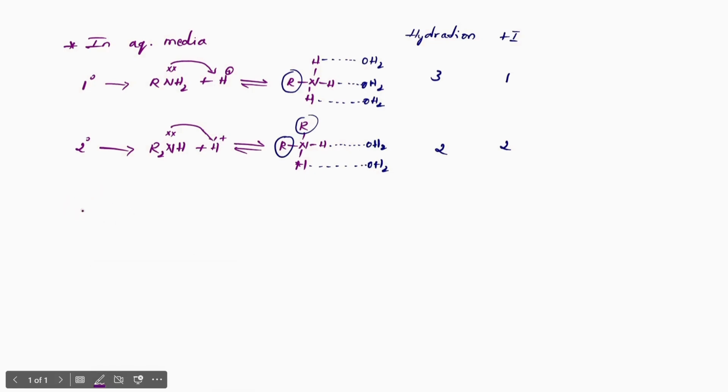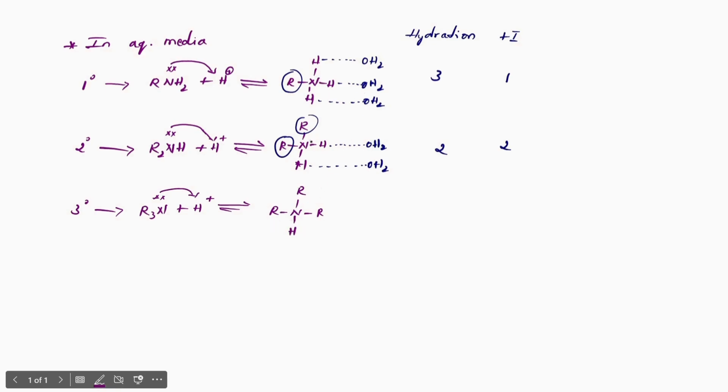Coming to tertiary amines, that is R3N, in the presence of H plus, nitrogen donates the lone pair of electrons and becomes R3NH+.